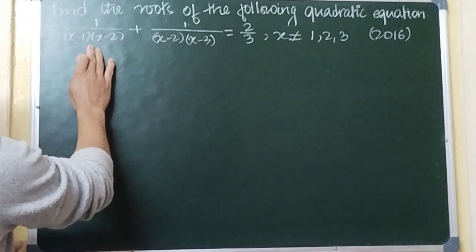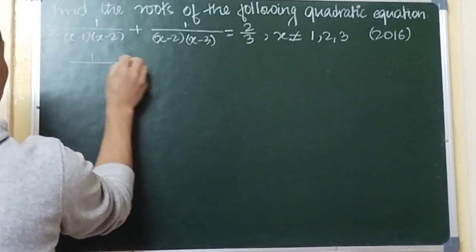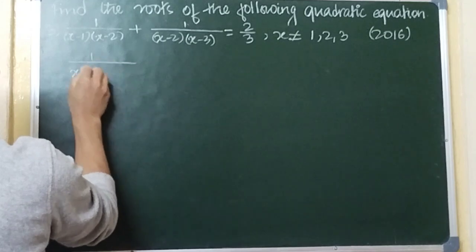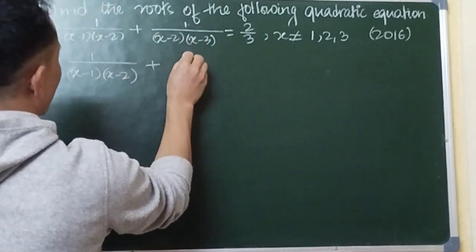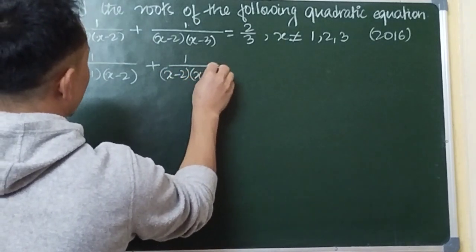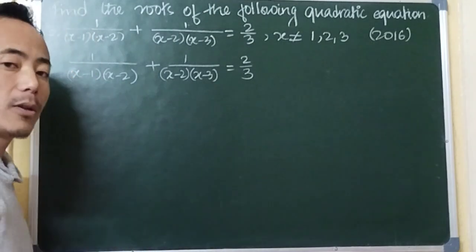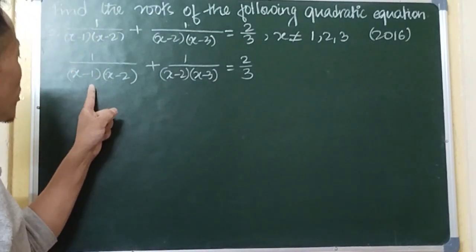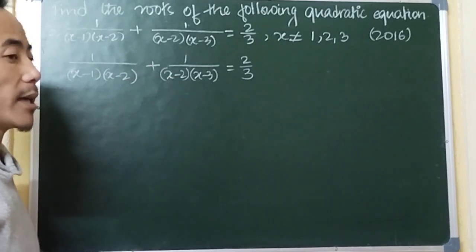So here we cannot take the LCM directly. So what we will do is, question is 1 divided by x minus 1, x minus 2 plus 1 divided by x minus 2, x minus 3 equals 2 divided by 3. Now look at the equation carefully. In the denominator you can see x minus 2 in the first term and x minus 2 in the second term also.